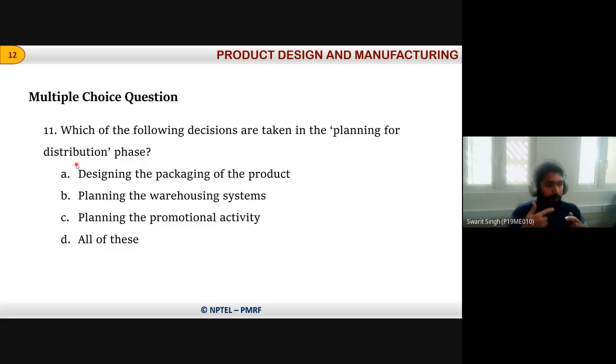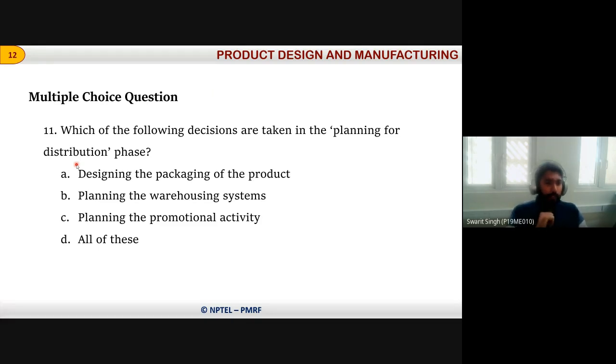It is a general human tendency that if it is wrapped properly, it has good quality. But if the packing is not proper, people will not appreciate the quality of the product, right? So first is the packaging of the product. Packaging is also required for bulk transportation, right? If it is not properly packed, it cannot be transferred from the production line to the market.